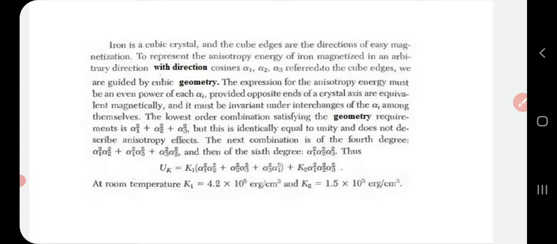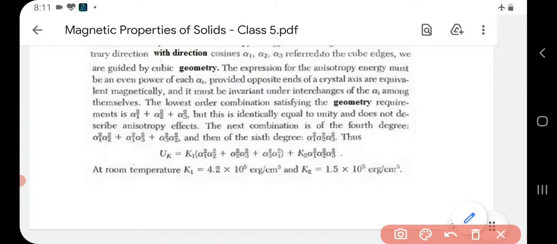The expression for anisotropy energy must be an even power of alpha i, provided the opposite ends of the crystal axis are equally magnetized, and it should not vary under the interchange of the direction cosines alpha i. Now the lowest order combination satisfying this geometry is alpha 1 squared plus alpha 2 squared plus alpha 3 squared.